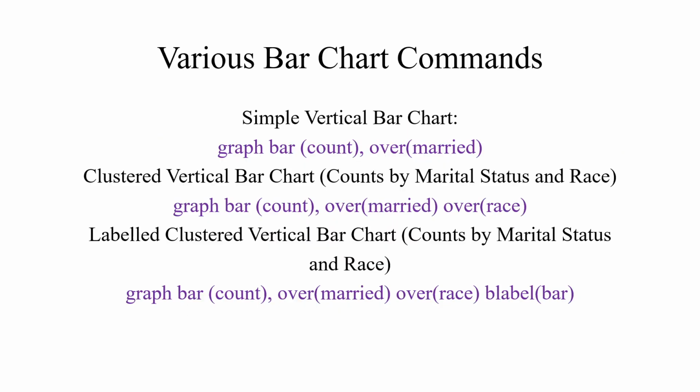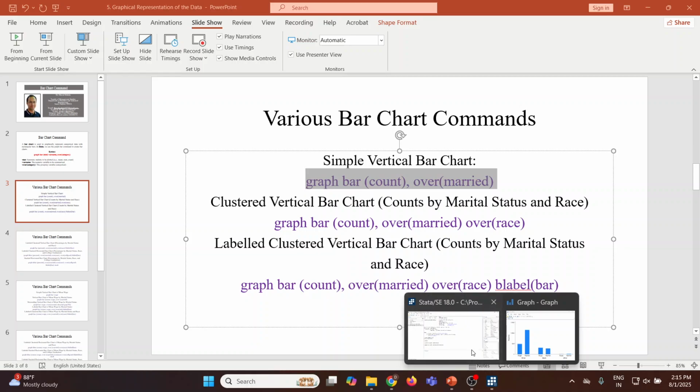Let's see the another command. We want to generate the labeled clustered vertical bar chart, counts by marital status and race. In the previous command, we will include one more term, label bar, and this will generate the labeled bar chart. So activate the previous command.